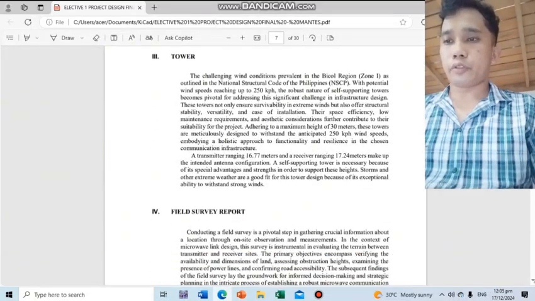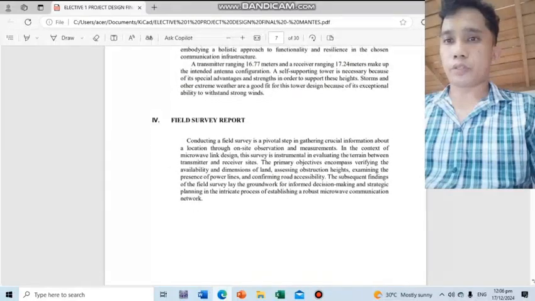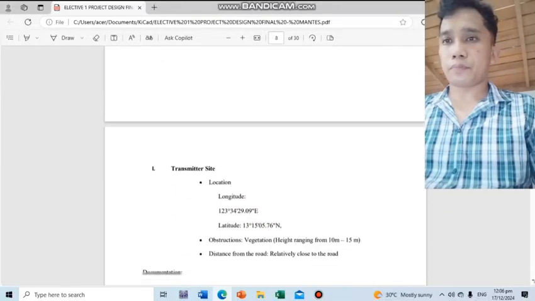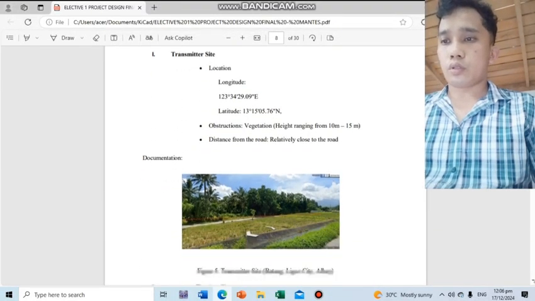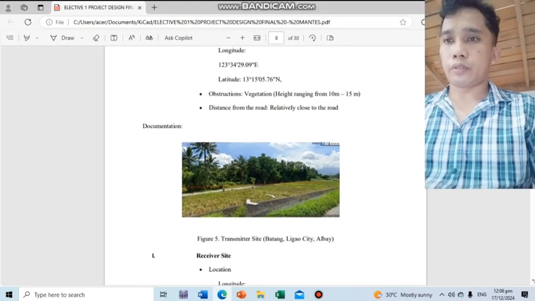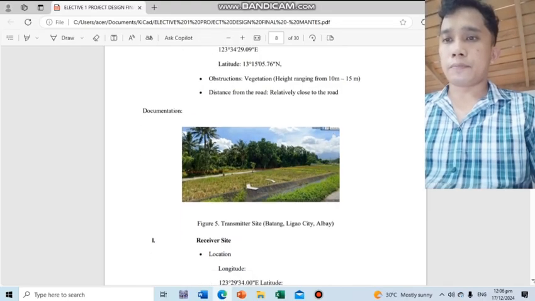Next, for the tower, we use a self-supporting tower. For the field report on the transmitter site, you can see the documentation here taken from Google Earth Pro.